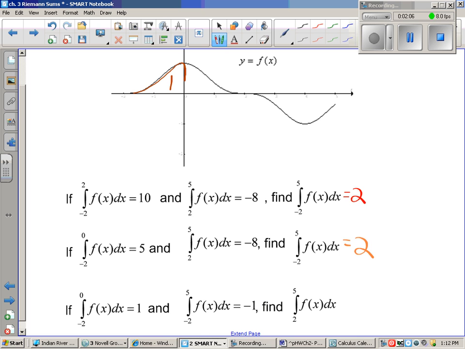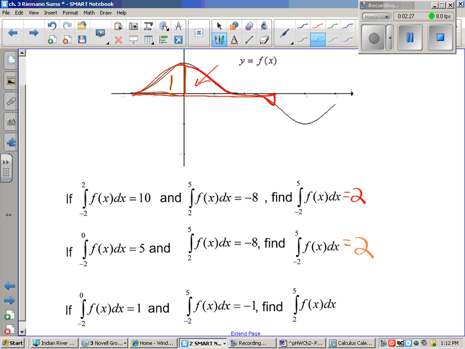All right, how about if I said negative 2 to 0 is 1. So from here to here is 1. And then I said from negative 2 to 5, this section here, along with all of that, is negative 1. How would I figure out what 2 to 5 is?